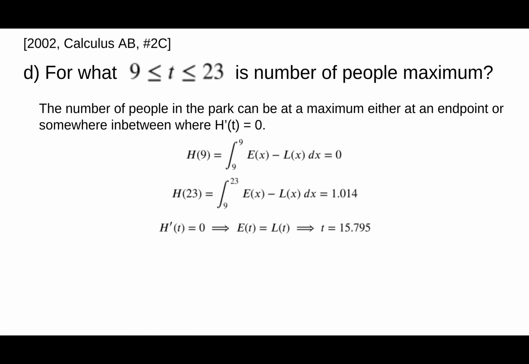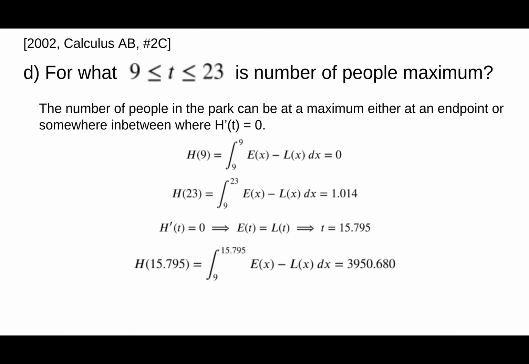However, it could occur somewhere in the middle where h prime of t is equal to 0. If h prime of t is equal to 0, that means E of t and L of t are equivalent at that time, and that happens when t is about 15.795. So if we evaluate our h function at 15.795, we have the definite integral from 9 to 15.795 of E of x minus L of x dx, which again, it's a calculator active question.